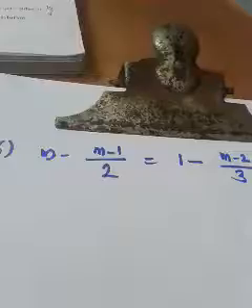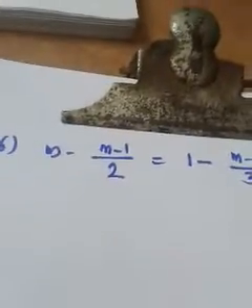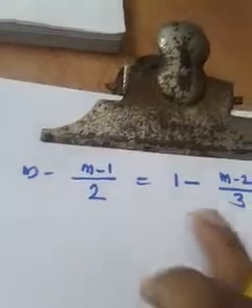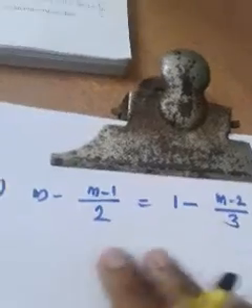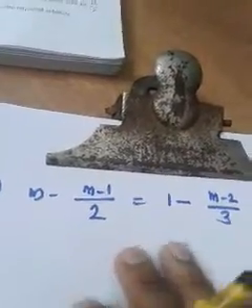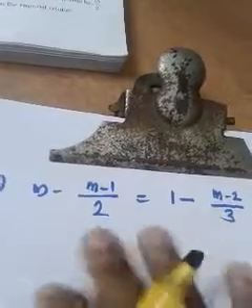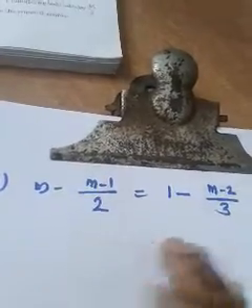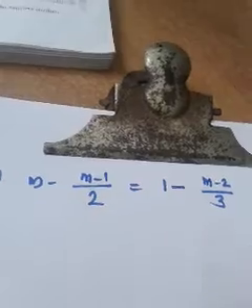Okay, so this is your question number 6. m minus 1 by 2 is equal to 1 minus m minus 2 by 3. I think those who practiced the previous questions well will understand this kind of question very easily. So I'm going to increase the speed a little.